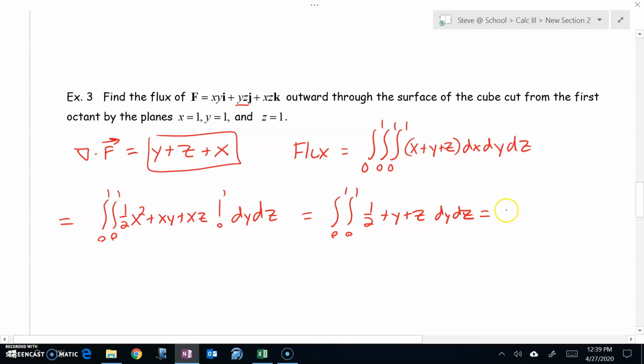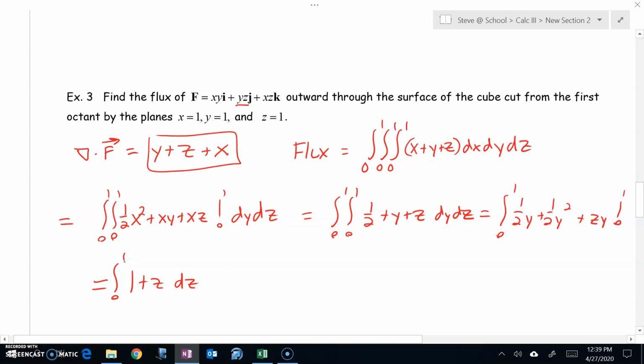So now we get 1/2 y when I integrate with respect to y, plus 1/2 y squared plus zy. So we put a 1 in for y, and we get 1/2 plus 1/2, which is 1, plus z. So we get 1 plus z dz. We're going to integrate that from 0 to 1.